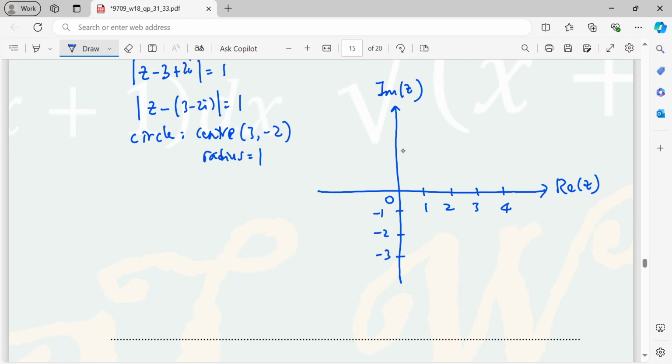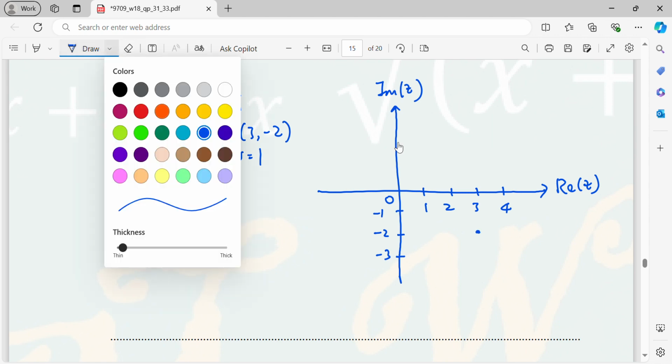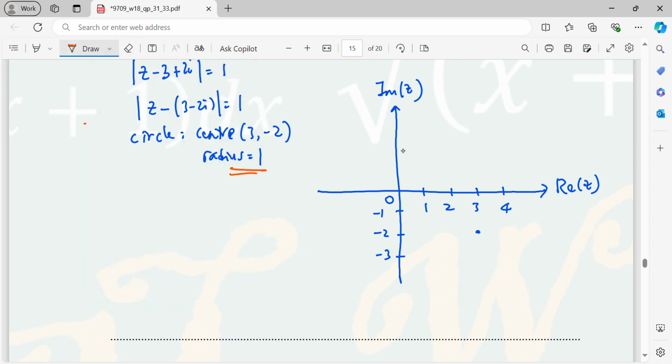So the center is at 3, minus 2. Because the radius is 1, it will touch the points 1 unit left, right, up and down. So draw a circle. Then I will label this as modulus of z minus 3 plus 2i equals 1. Remember, this is a circle, and this is the center.